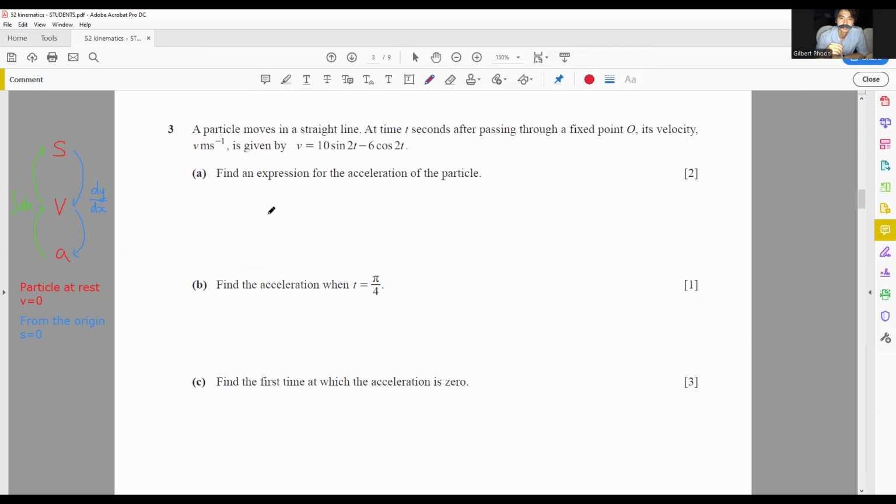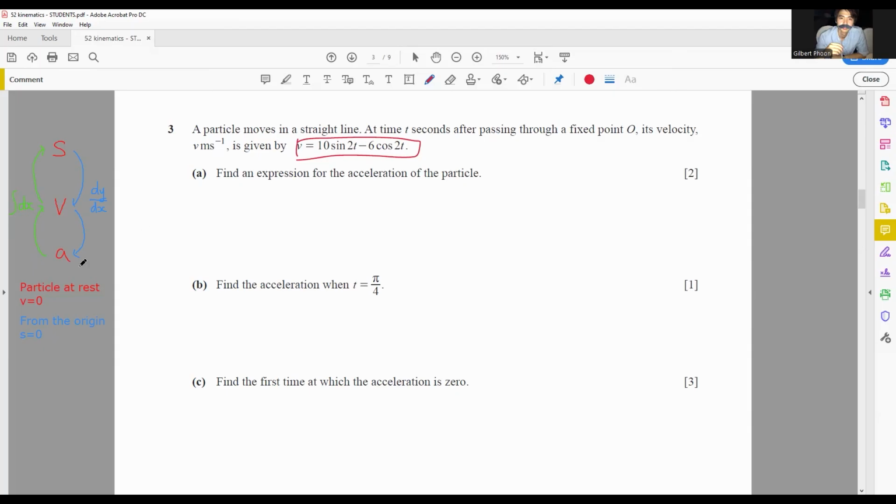Okay, next part. A particle moves in a straight line at time t seconds after passing through a fixed point O. Its velocity v is given by v equals 10 sine 2t minus 6 cos 2t. In this question, we are given the velocity formula. Find an expression for acceleration. We're still differentiating this.